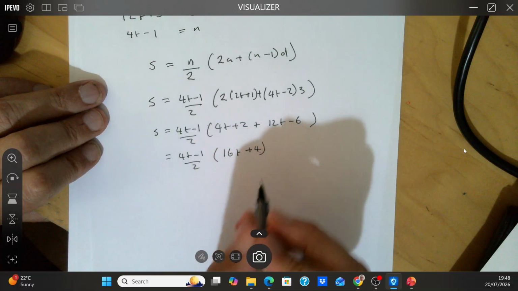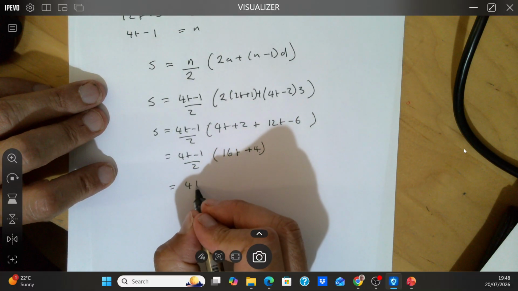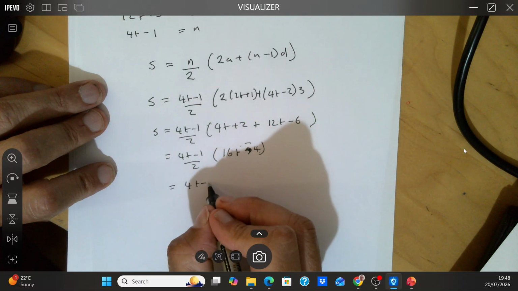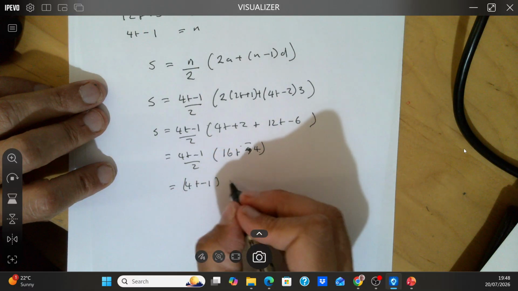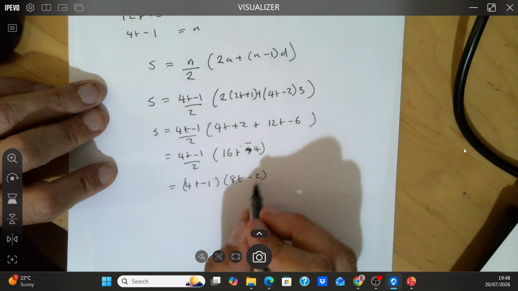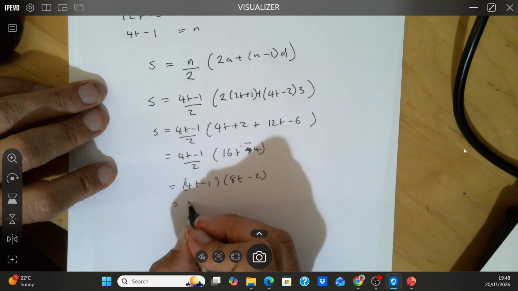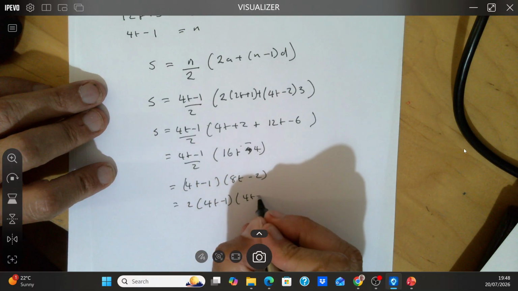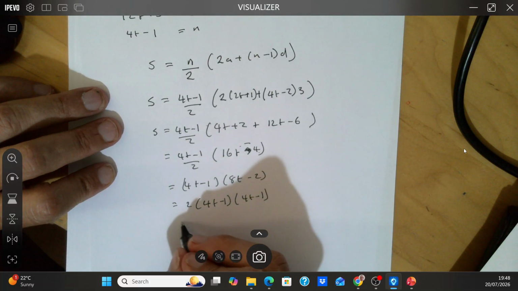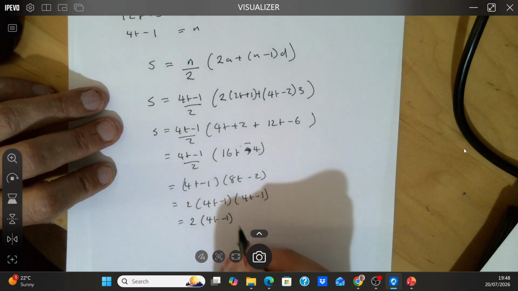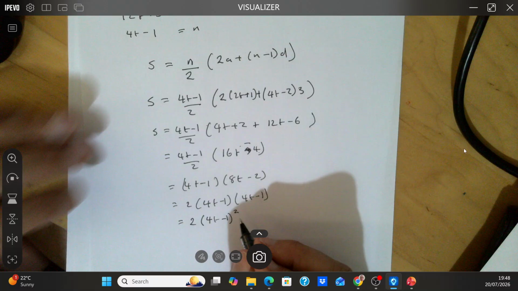Let's divide the 2 into there. Two can come out of that to give me 2 times 4t minus 1, 4t minus 1, which gives me 2 lots of 4t minus 1 squared.